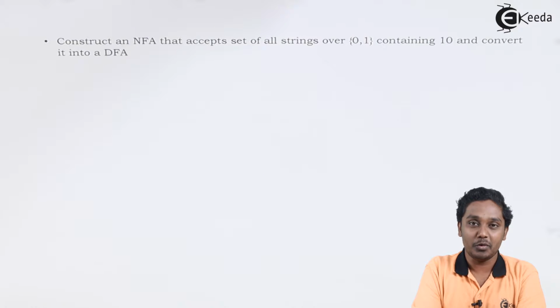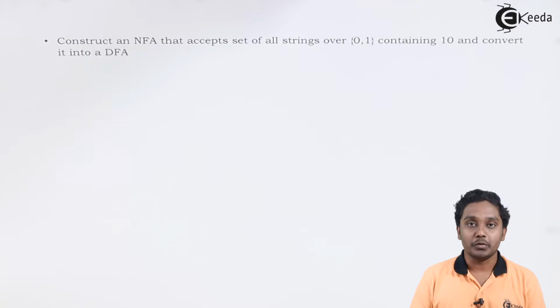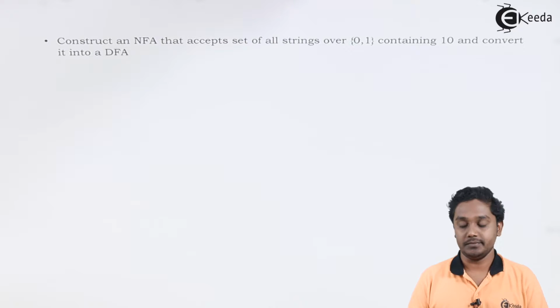Now let us see one more example of conversion of NFA to DFA which accepts the set of all strings which contain 10 as a substring. Let us try to construct the NFA for the given problem.